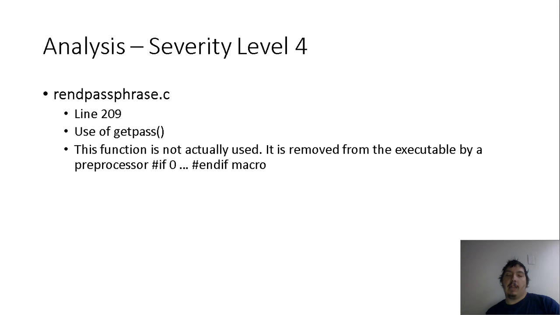And now we get out of level 5 into the next level down, which is 4, with rend passphrase.c. The use of the function getPass, which is deprecated. This function really should not be used. I don't remember the other function that FaultFinder recommended, but it's irrelevant in this case because this function actually isn't used.